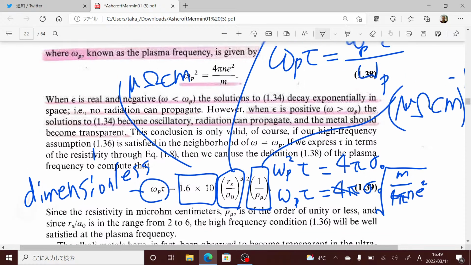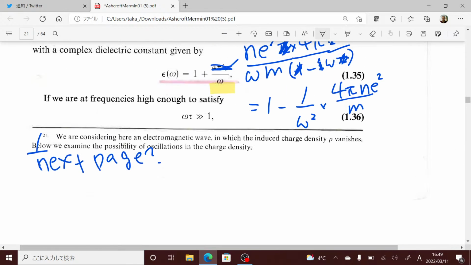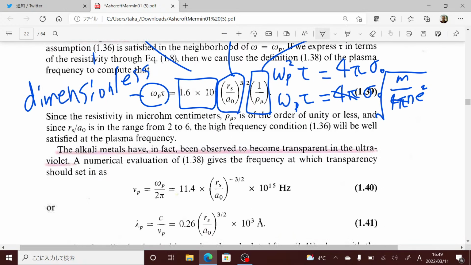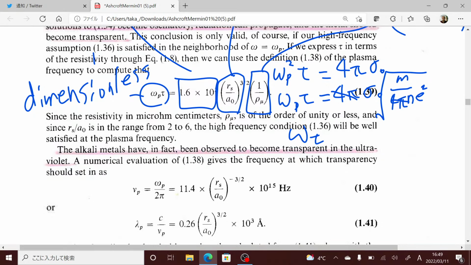I think 1.36 is this one. Omega tau is larger than 1. This will be well satisfied at plasma frequency.